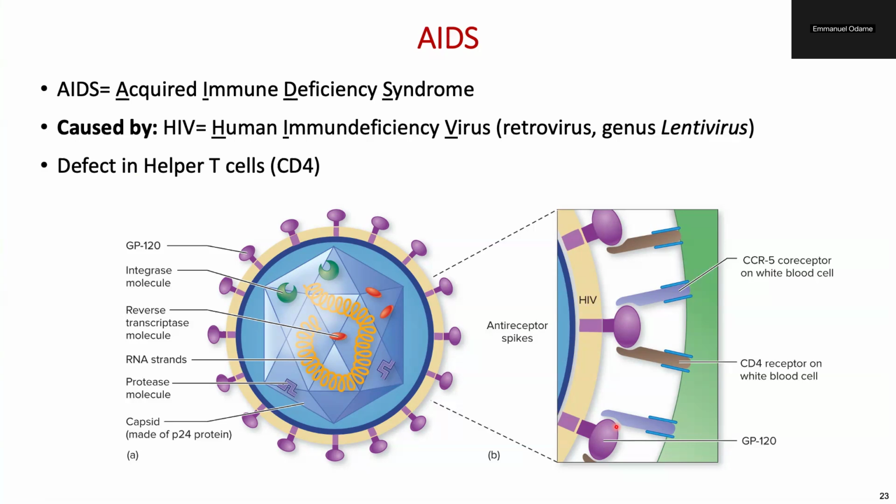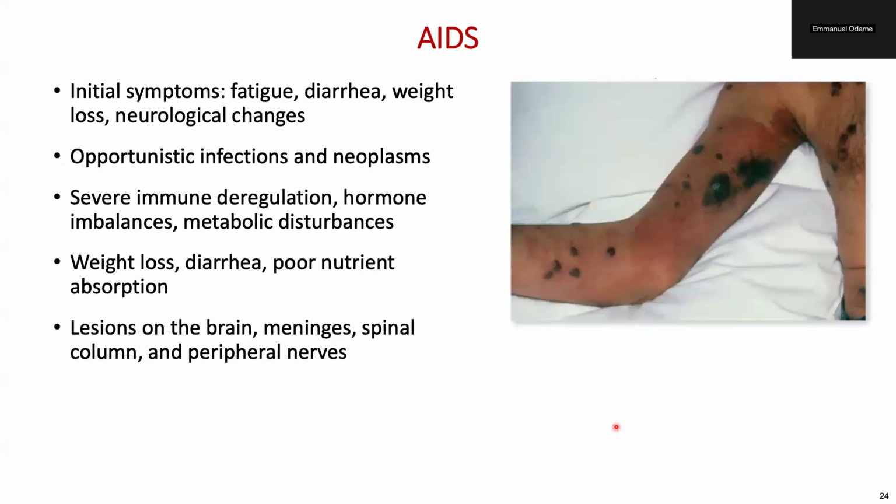So even if you clear off the virus, the DNA is still present in your genome, which is something we cannot take care of, unless maybe in the near future we develop therapies such as CRISPR-Cas9 to recognize the HIV sequence and then cut it out. If not, then that's it. Once you get it, it's more like you are heading towards your death, basically.